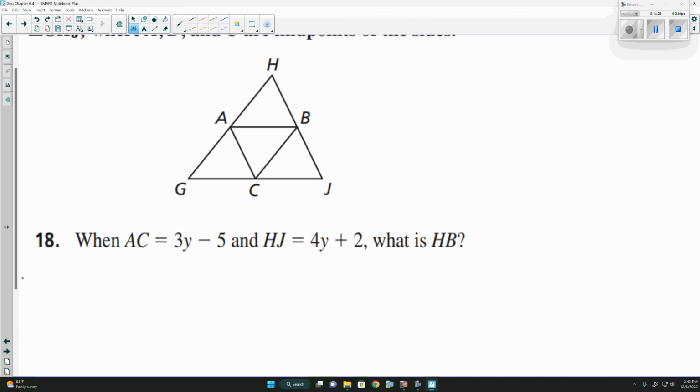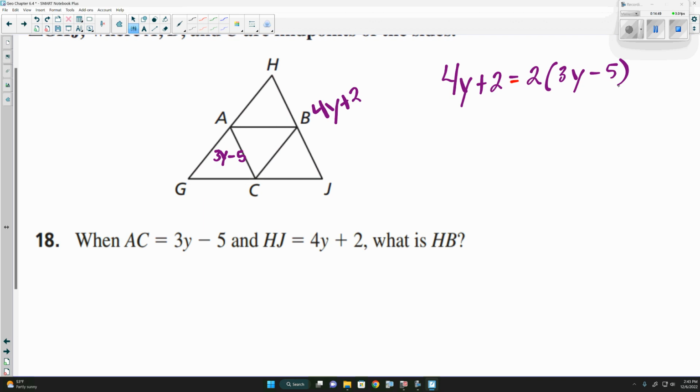So they tell us that AC is 3y minus 5, and HJ is 4y plus 2. Well, we can say that 4y plus 2 is equal to 2 times 3y minus 5, because the third side is equal to twice the mid-segment.